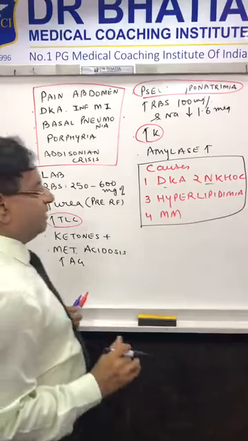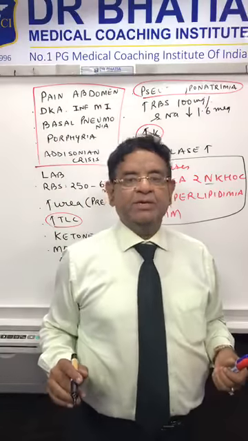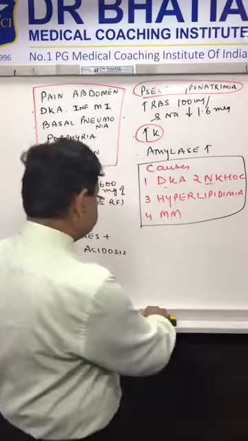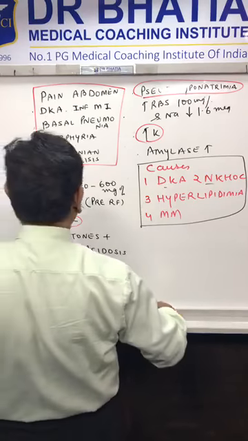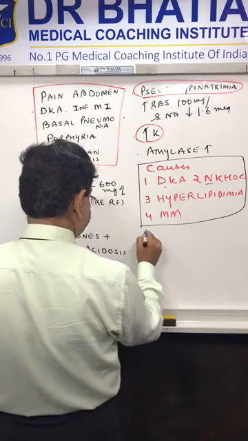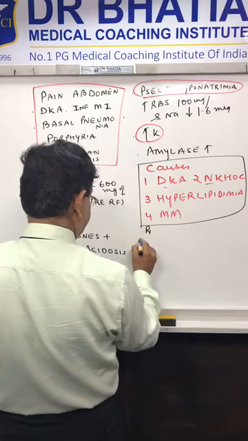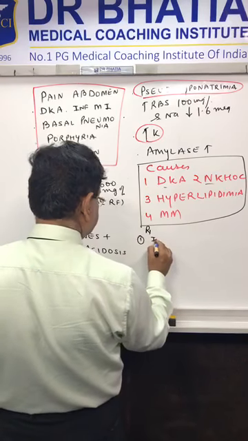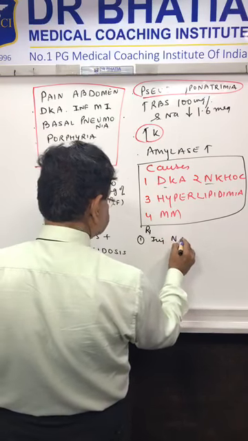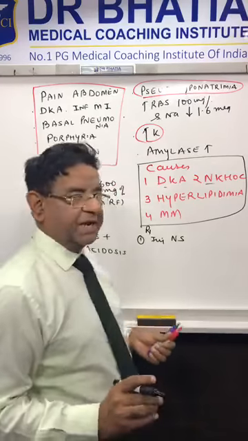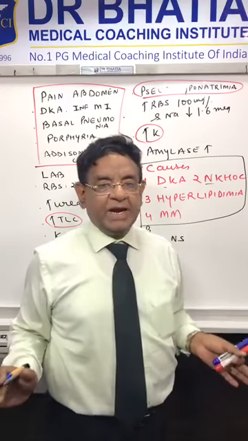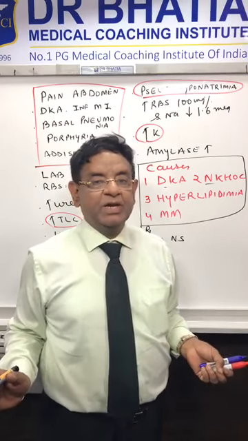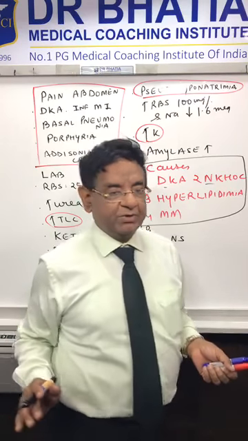So now we have a patient of DKA whom we have to admit in ICU. Now how to treat these cases? Treatment. First of all, we give injection normal saline. Why? The patient is dehydrated. Why dehydrated? Because of osmotic diuresis.